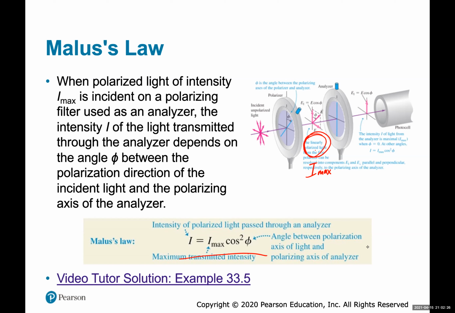Once we have polarized the light linearly such that it has, at this point, some maximum intensity I max, if it goes through the analyzer, the angle between the analyzer's filter and our new linear polarization, that's angle phi, and the new intensity is reduced by cosine squared of that angle.